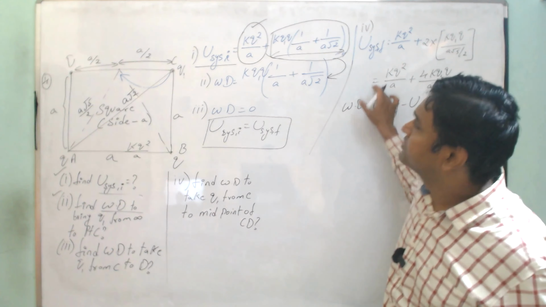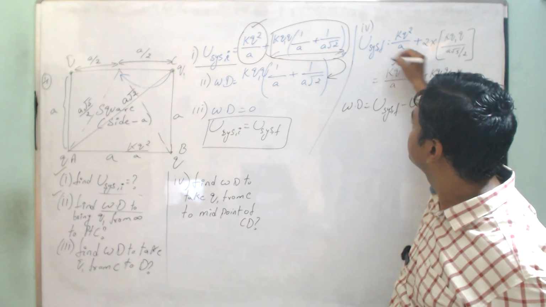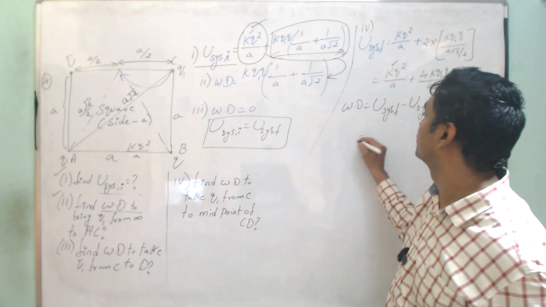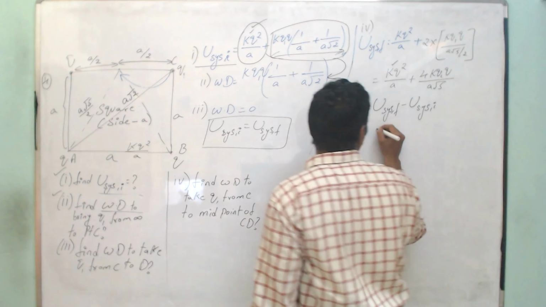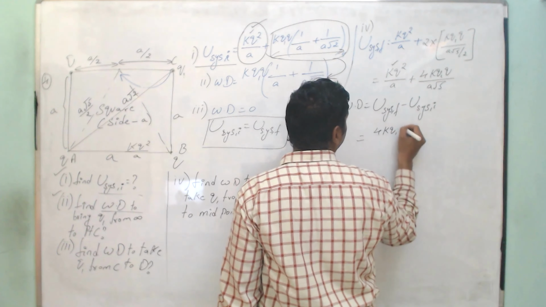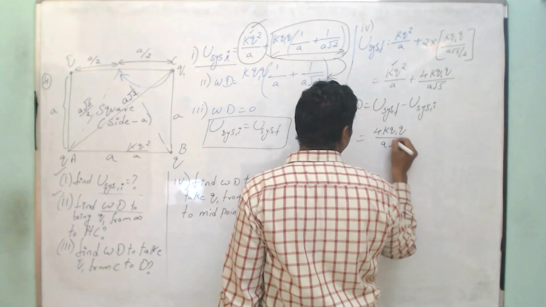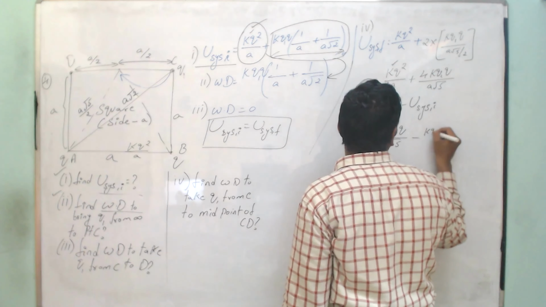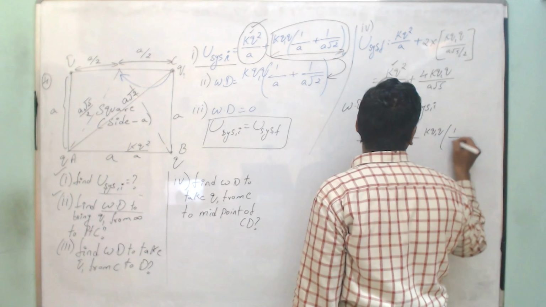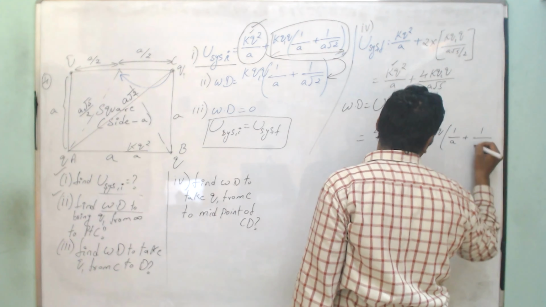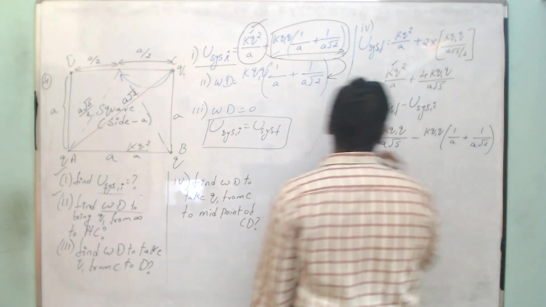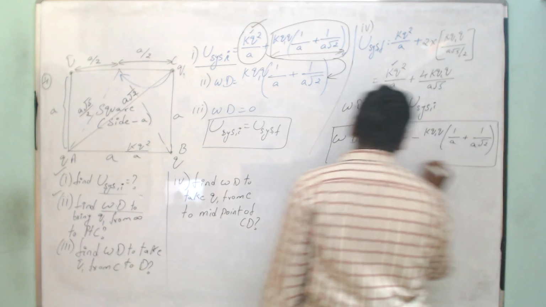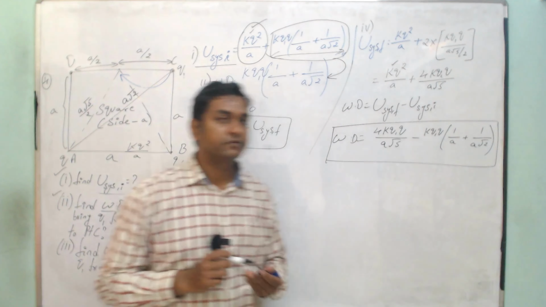The first term will anyway cancel. So now I'm going to write the second term: 4KQ1Q by A root 5 minus KQ1Q times 1 by A plus 1 by A root 2. This is my work done for the fourth bit. Is this clear? Yes, sir.